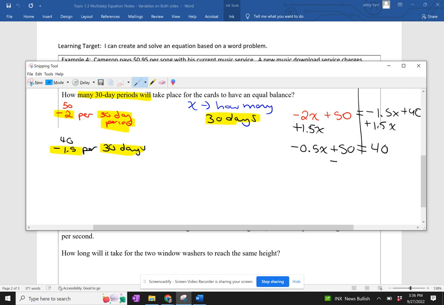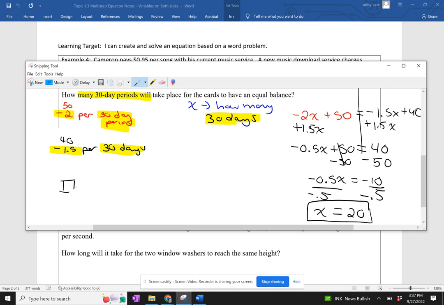And now finally we have a two-step equation. So we have negative 0.5x equals negative 10. Now when you put it into the calculator, don't forget that a negative divided by negative is a positive, and then 10 divided by 0.5 is actually 20.